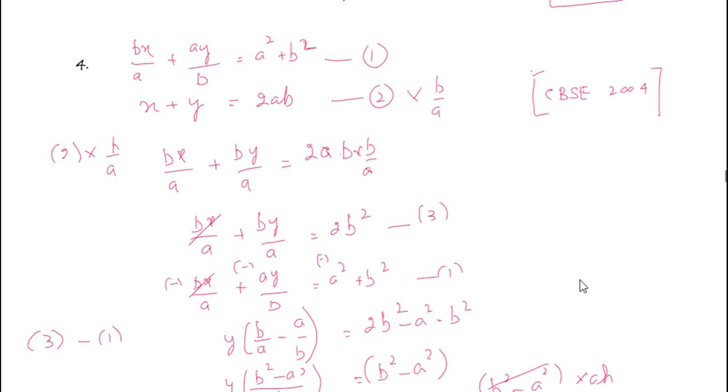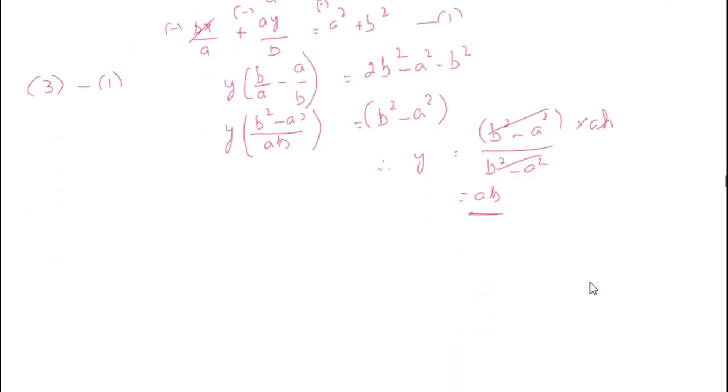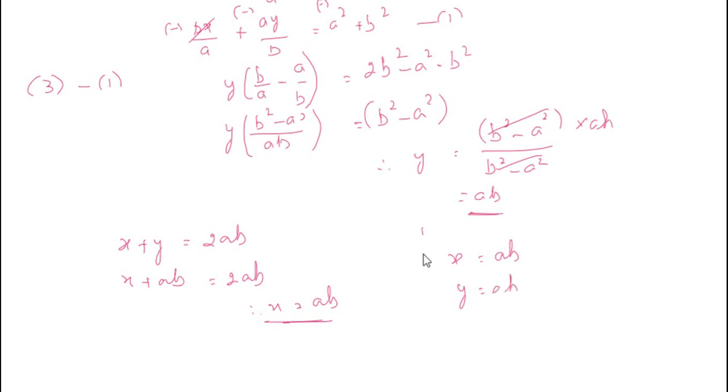So x plus y equal to 2ab, that is the second equation. So y equal to ab, so x plus ab equal to 2ab. Therefore x equal to 2ab minus ab, that is also ab. So the solution here is x equal to ab, y equal to ab.